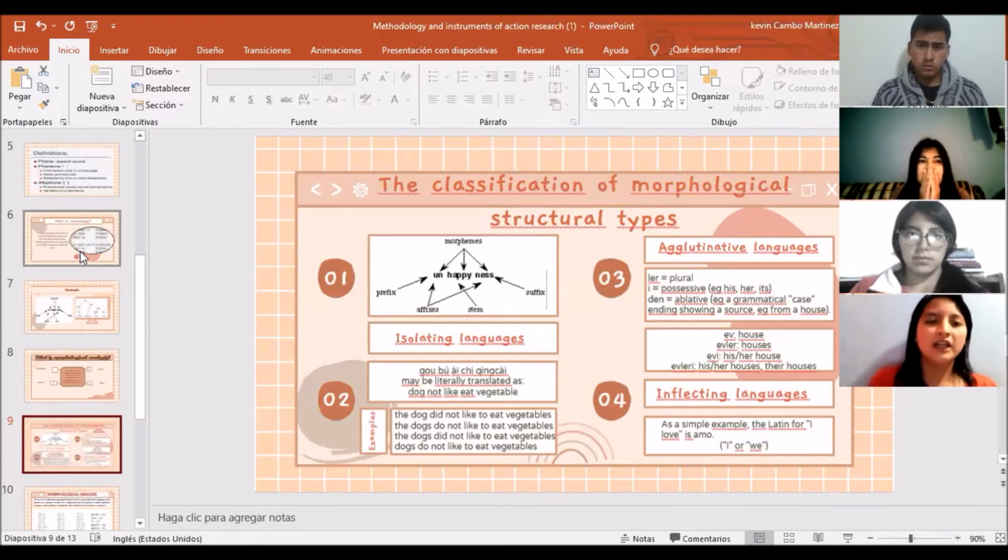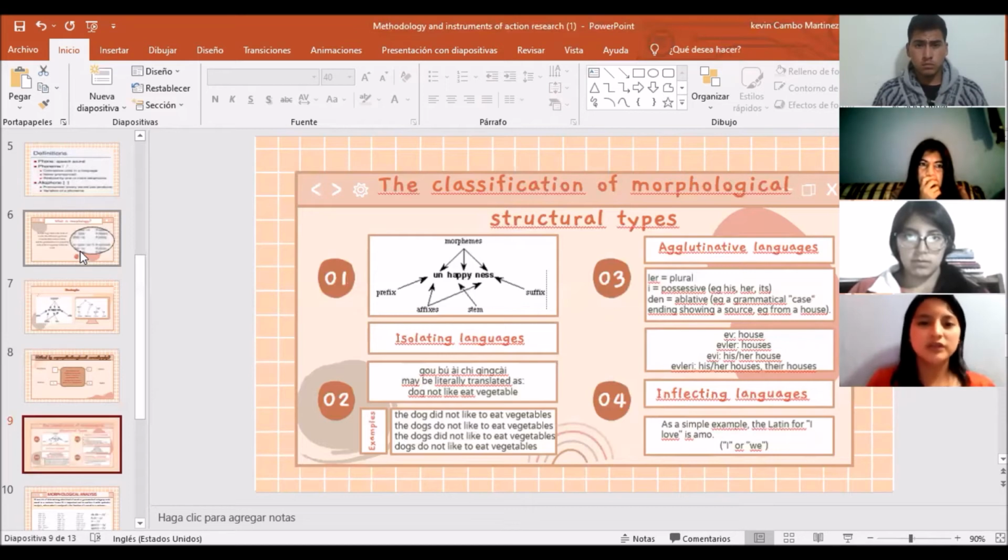And finally, here we have inflecting languages. The words in inflecting languages do show different forms, and it is possible to break the words into smaller units and label them, in the same way that the Turkish example was presented above.